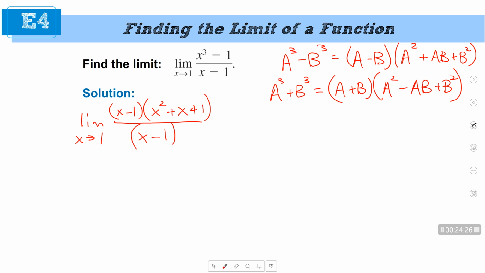Oh, and sure enough, that makes me happy because I can cancel. That's a plus, not a 4, by the way. Equals 3. Done.